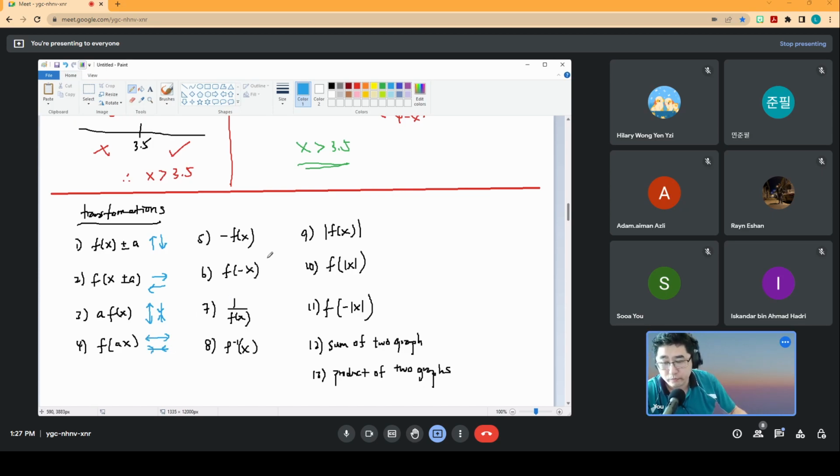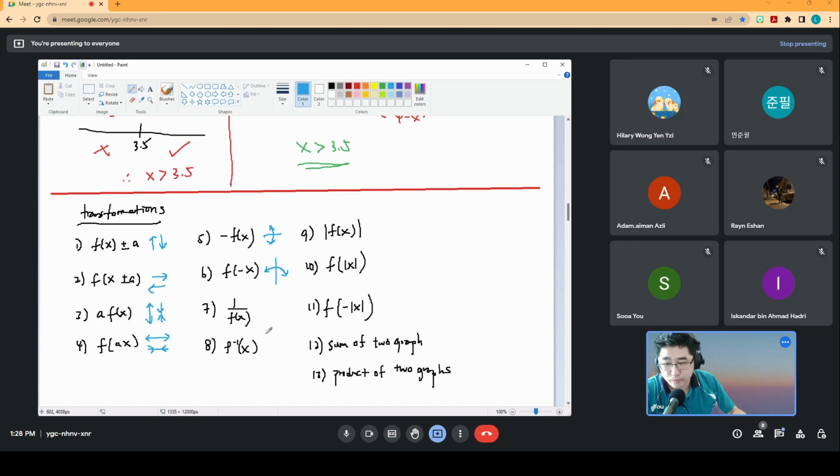Number five, reflection in the x-axis. Number six, reflection in the y-axis. Number seven, reciprocal.